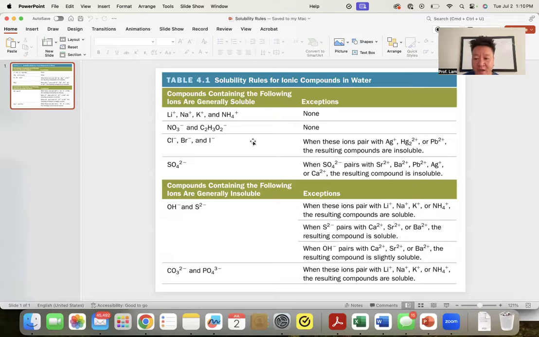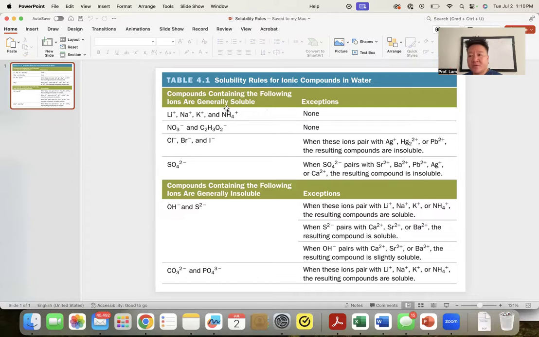Okay, so how to read this table: you're going to see that there are two sections and also two columns. The first section is ionic compounds that are generally soluble in water, and it tells you what those are. Remember, ionic compounds are between a metal and a non-metal. So these metals, lithium, sodium, and potassium, are generally soluble, including ammonium.